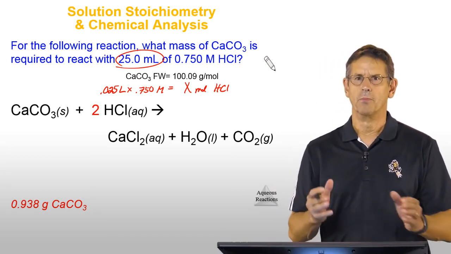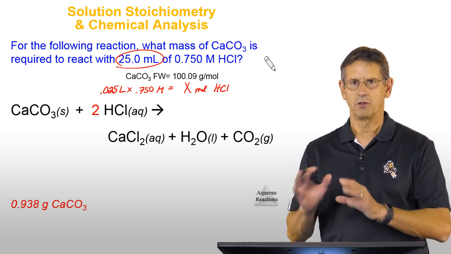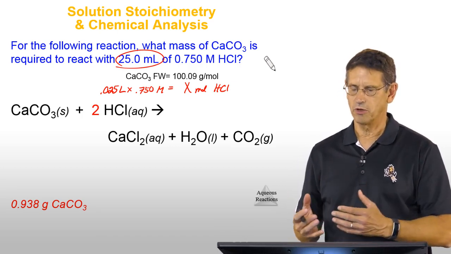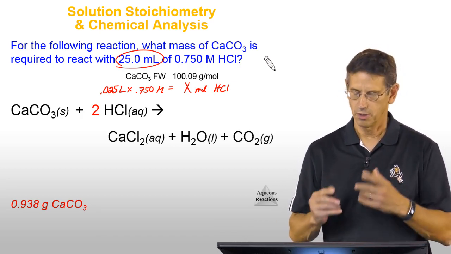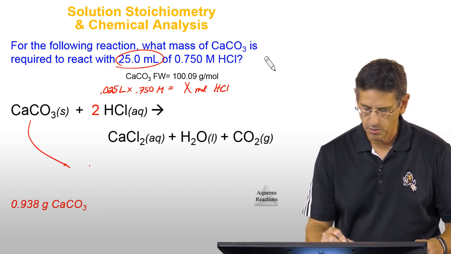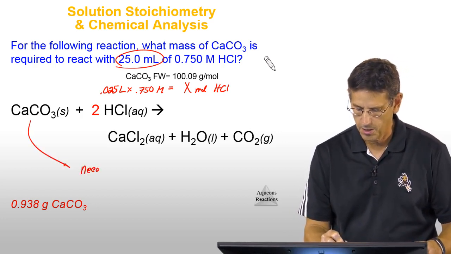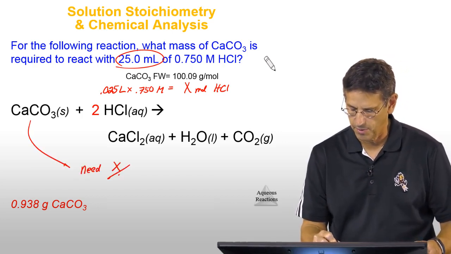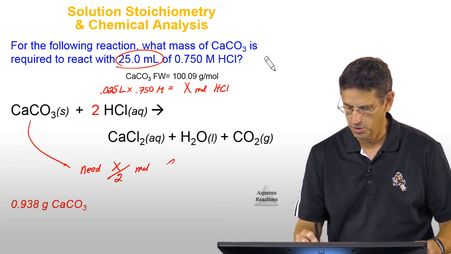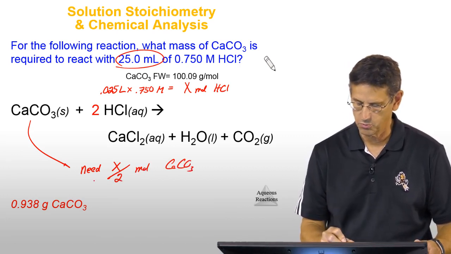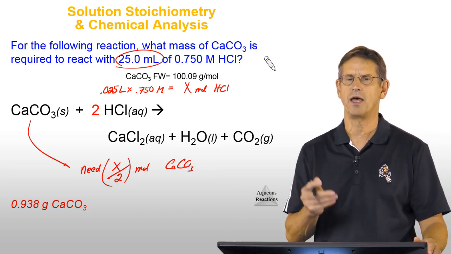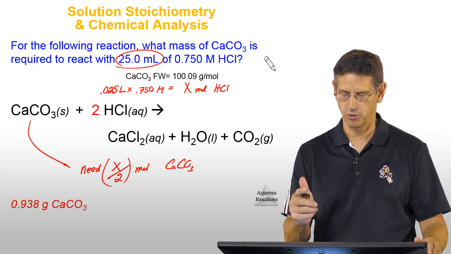That's how many moles of HCl are in the reaction. Again, the question is asking how many grams of calcium carbonate we need. Well, let's go down here. I'll need X divided by 2 moles of calcium carbonate, because we only need half of that amount, half in terms of moles of the calcium carbonate.